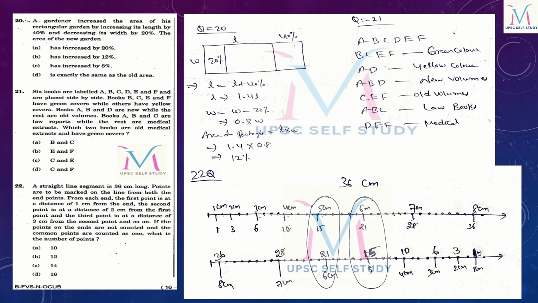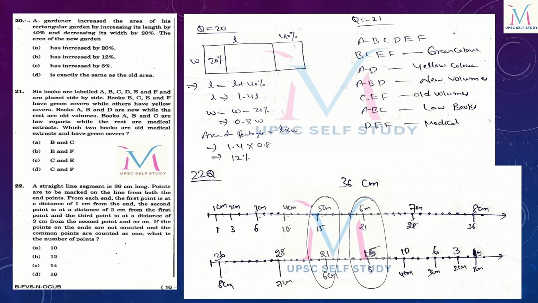We can write 40% as 40 by 100, which is 4 by 10, which means 0.4 L. If we add this to L, which we can take as 1, 1 plus 0.4 L is equal to 1.4 L. So the total length is 1.4 L.